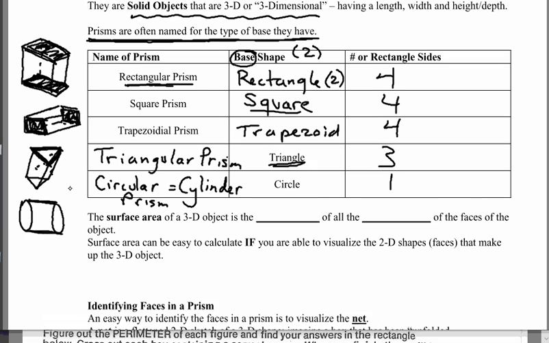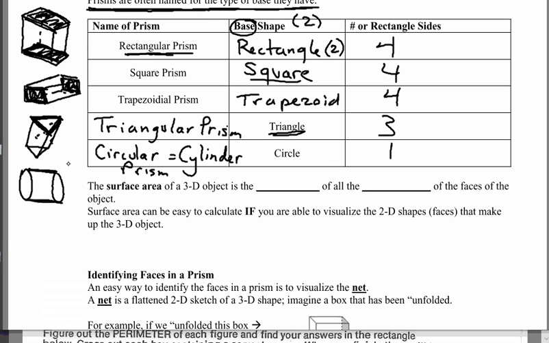Being able to name prisms or recognize them will be important. To calculate the surface area of any one of these, if I were painting any one of these shapes, the surface area would be the amount of exposed surface that would receive paint.